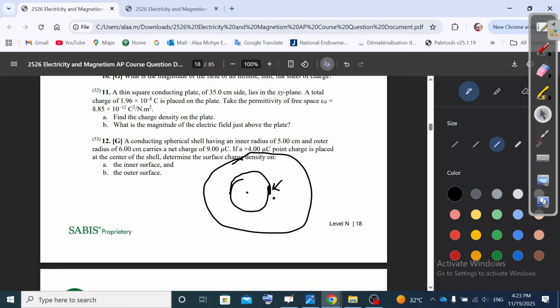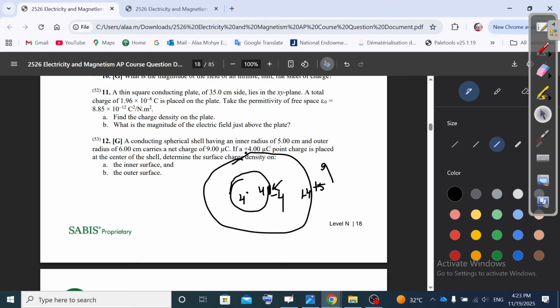So obviously, if it's 4 here, by induction, here is going to be minus 4. And then if here is minus 4, here is going to be plus 4, and the total thing outside is 9. So if here is plus 4, then what? Here it's going to be plus 5.